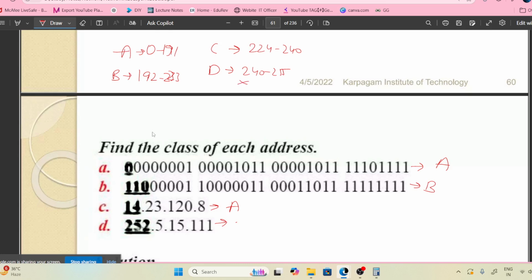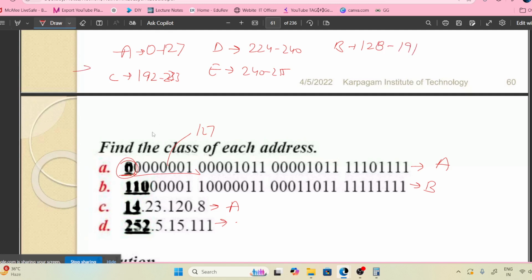Class A range is 0 to 127. The first octet is fixed: in class A, the leading bit zero is fixed, so the maximum becomes 127. I made a mistake here. So it is 127, class A. It is class C. It is class D.